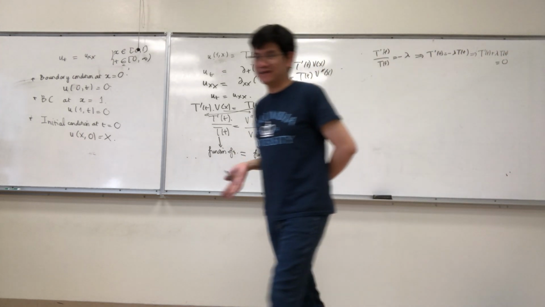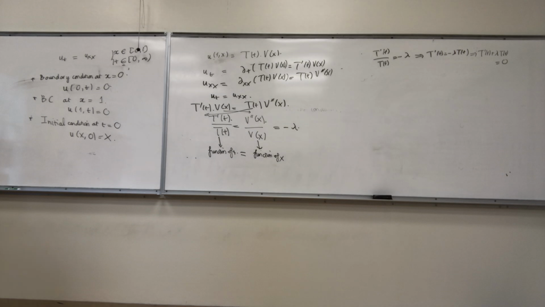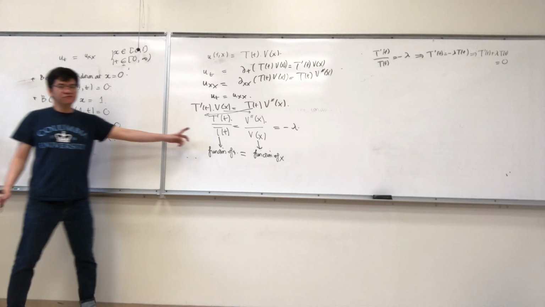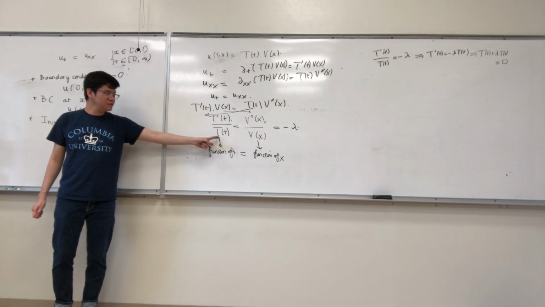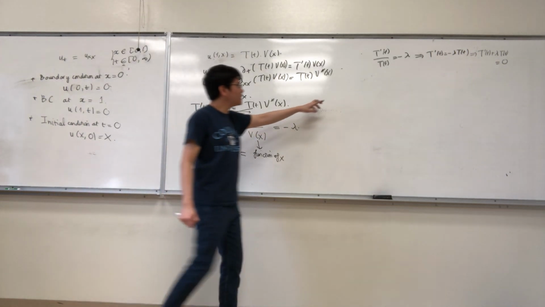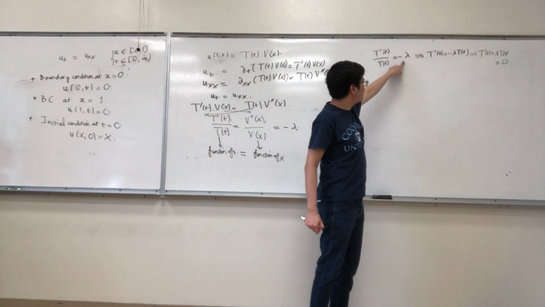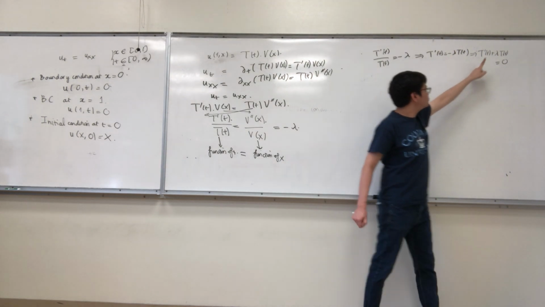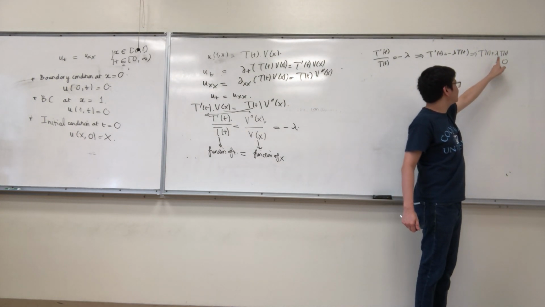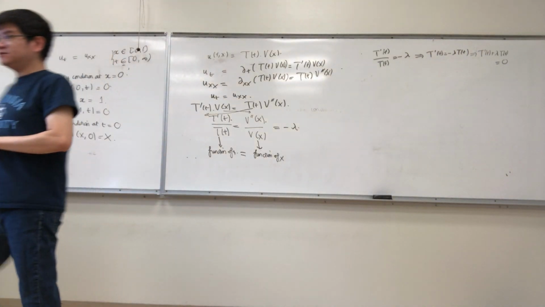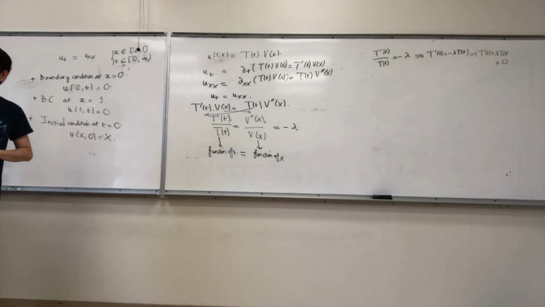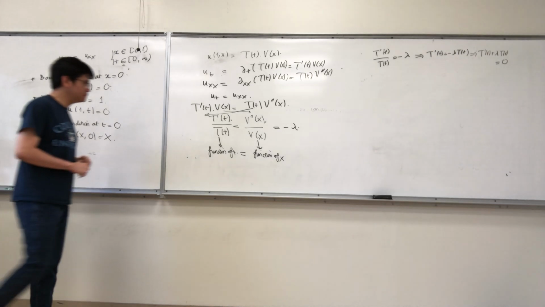All right, so this is exactly the same as the previous equation. So the equation for T will be a first order differential equation. You have T' over T is minus lambda, which means that T'(t) plus lambda T(t) is 0. All right? Questions?